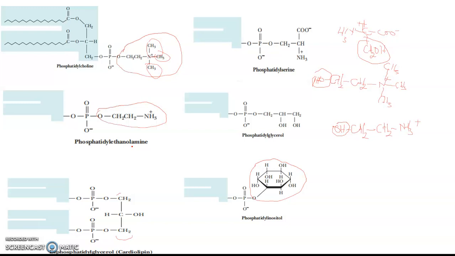For example, the hepatocytes, the erythrocytes, the different cells of our body, have different compositions of these phospholipids, and it's the composition of these phospholipids that gives the membrane its chemical and physical properties.